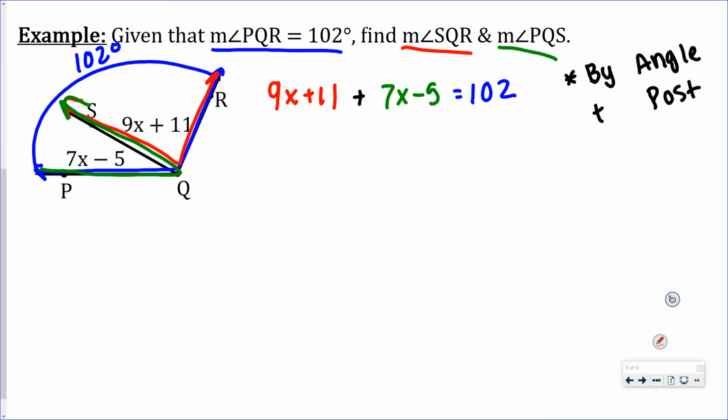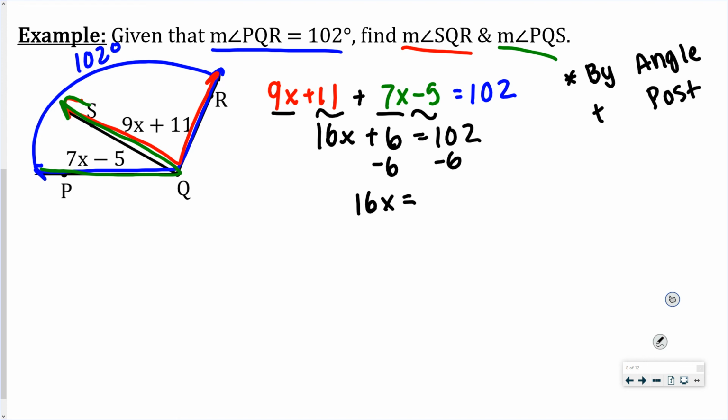Okay, so let's solve this. I have like terms: 16x plus 6 equals 102. Feels good just to go back to old school algebra where I don't have to write out what I'm doing. We get x to be 6. However, we are not asked to find x.